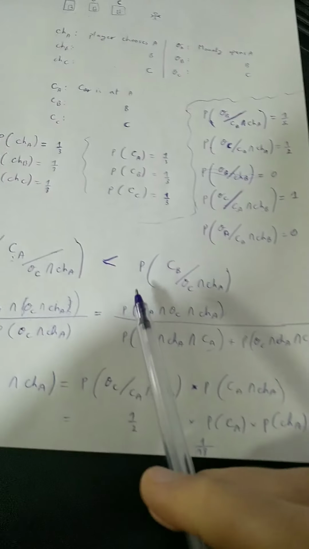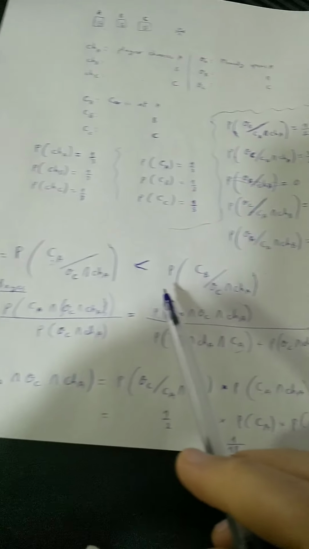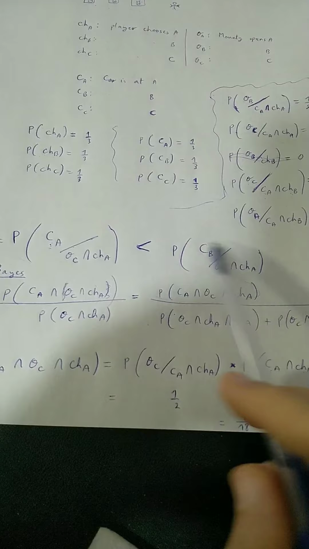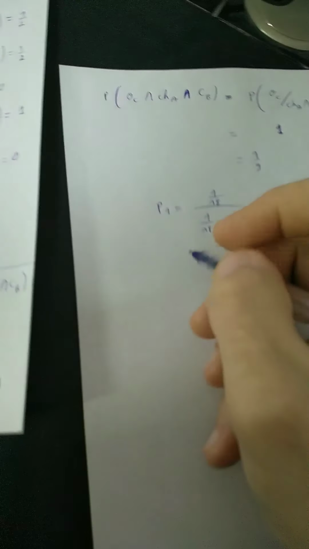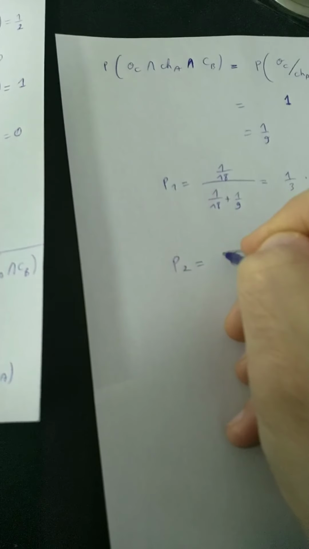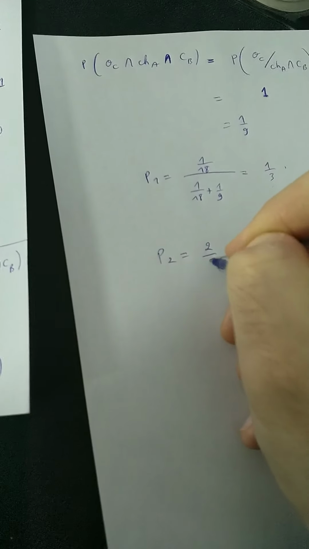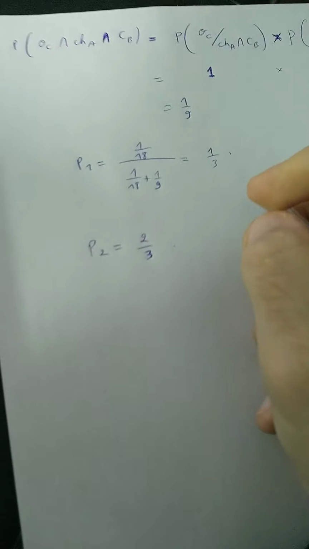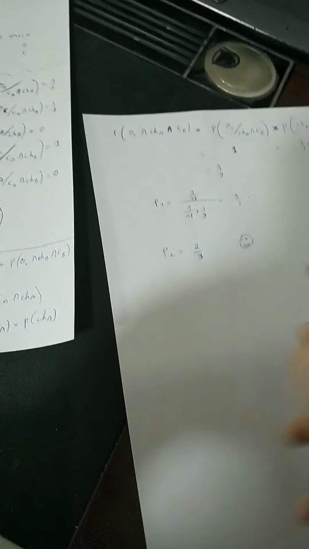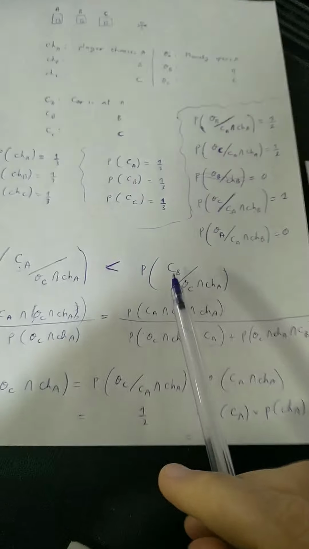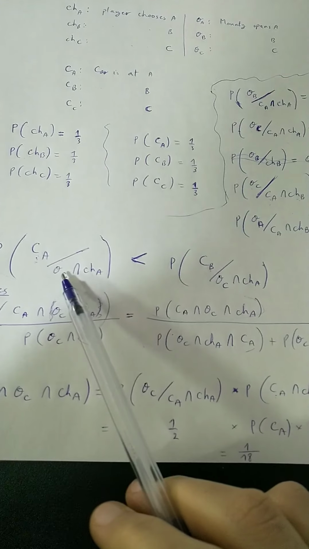Actually, now we have to prove the other thing. Name it P2. Do it the same way. P2 would be 2/3. And now you're very happy with your proof. This is 2/3 and this is 1/3.